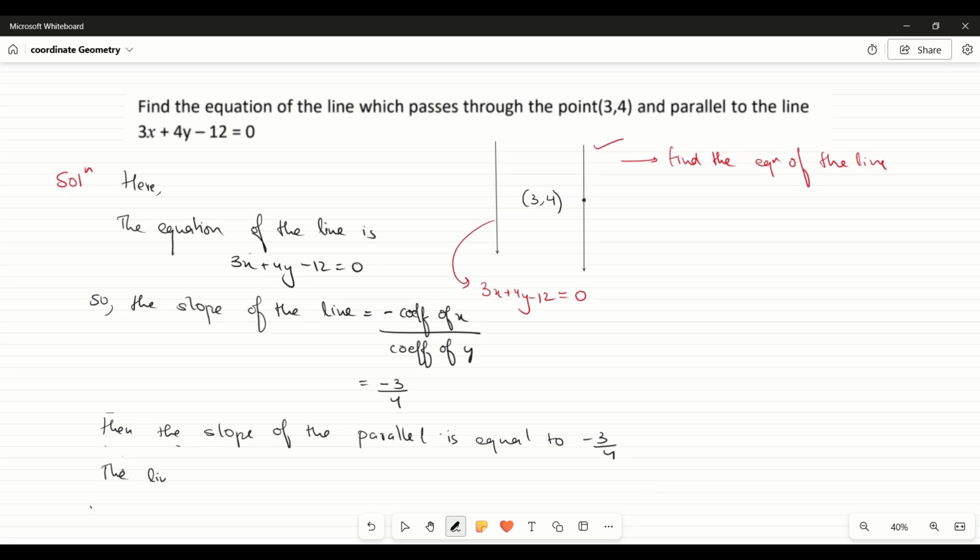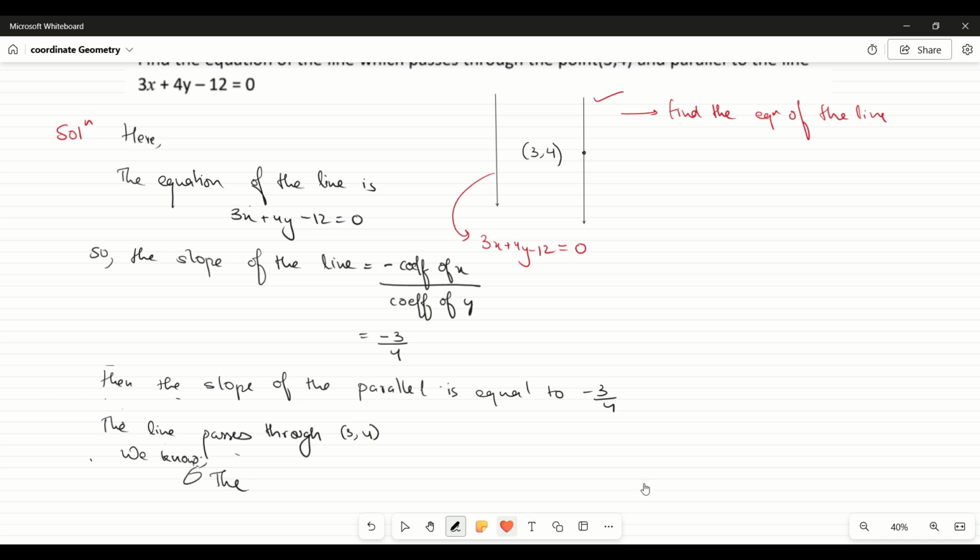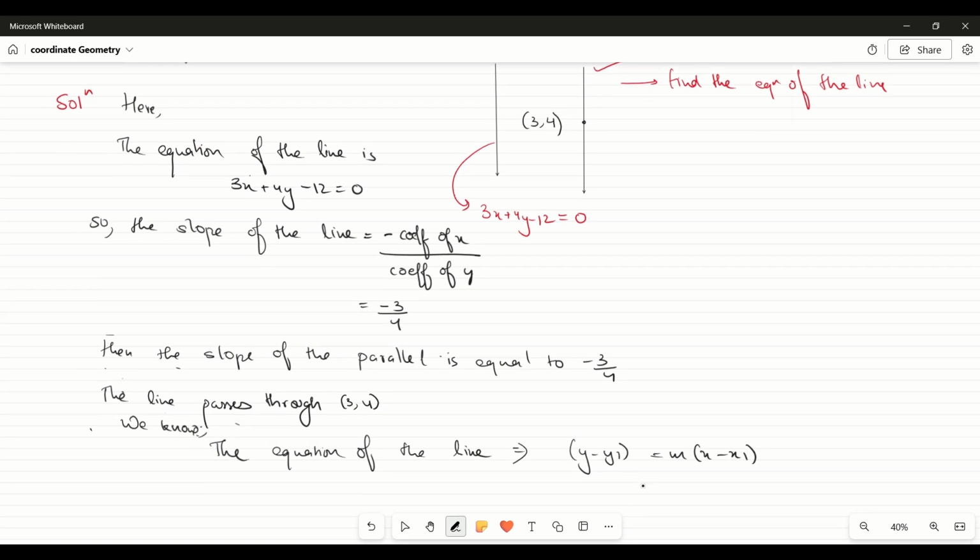So we have the passing point, the line passes through (3, 4), and we know the equation of a line: y minus y1 equals m times (x minus x1).